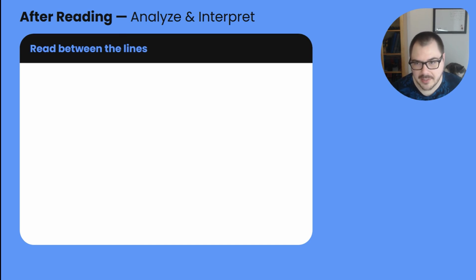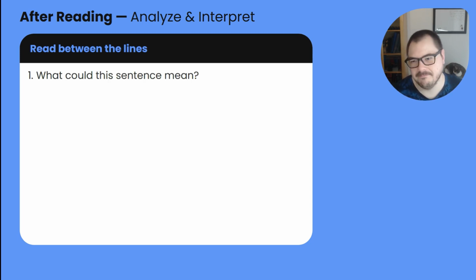Read between the lines. Perhaps during your reading you noticed some sentences that might have had a meaning you didn't catch, or maybe there were some expressions that you didn't quite understand. That's where we'll need to read between the lines, which is basically just finding the hidden meaning of certain parts of the text.